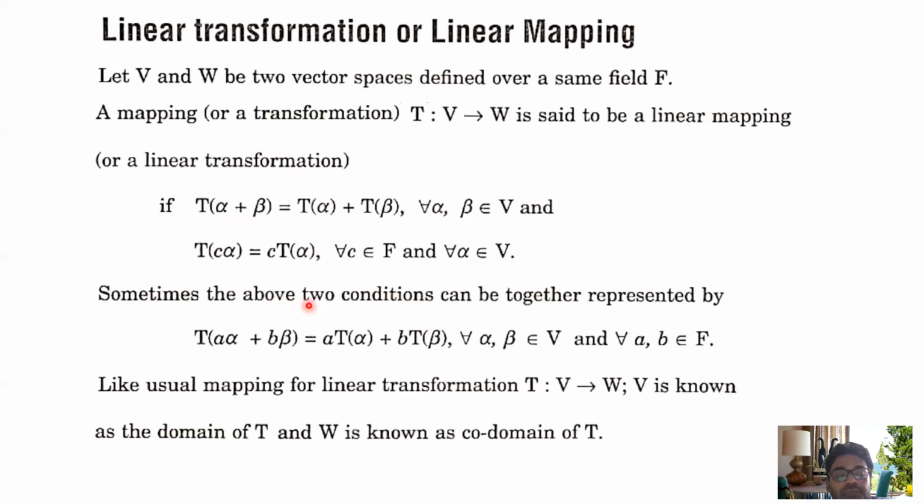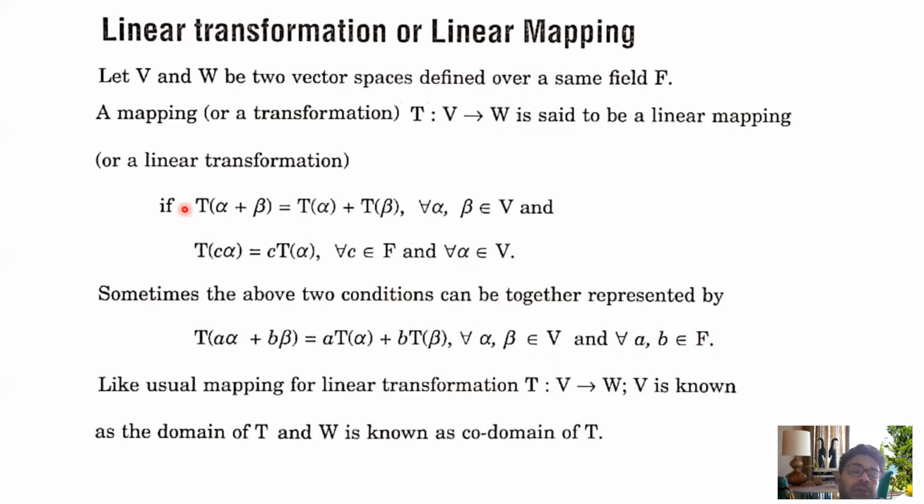Sometimes the above two conditions can be represented together by T(a alpha plus b beta) is equal to a T(alpha) plus b T(beta) for all alpha and beta belonging to V, and for all a and b belonging to F.